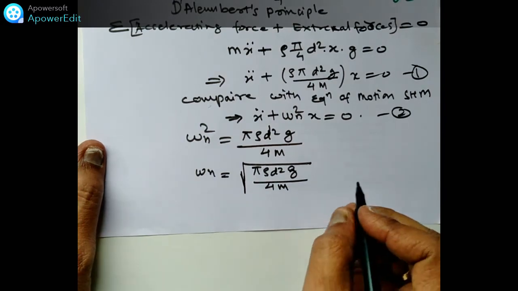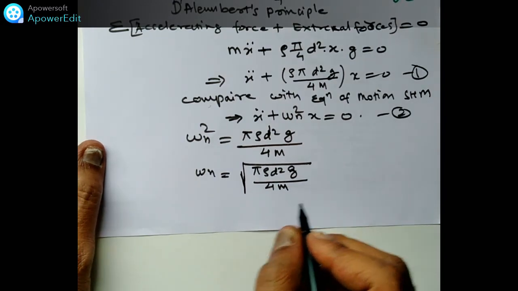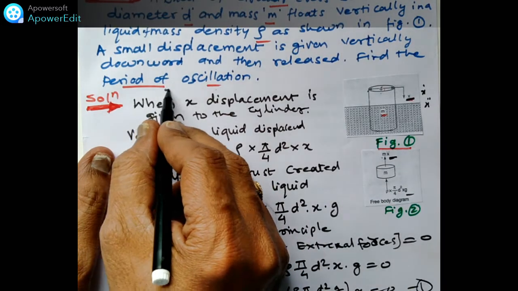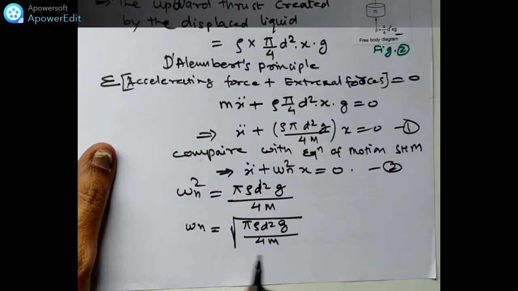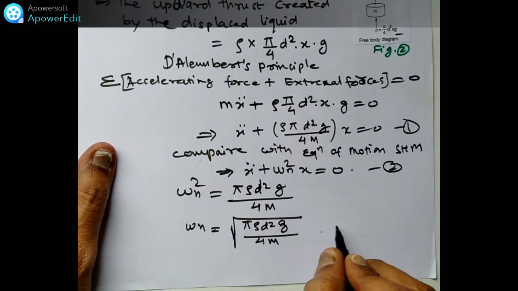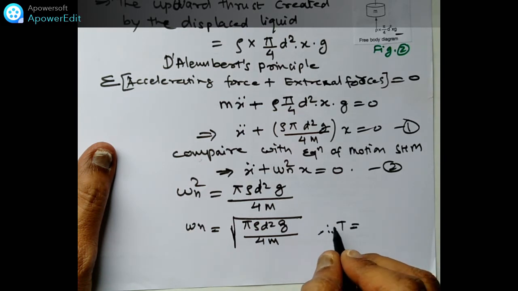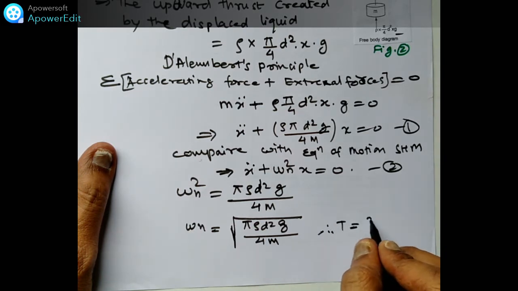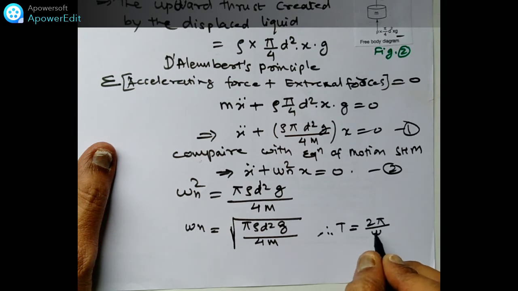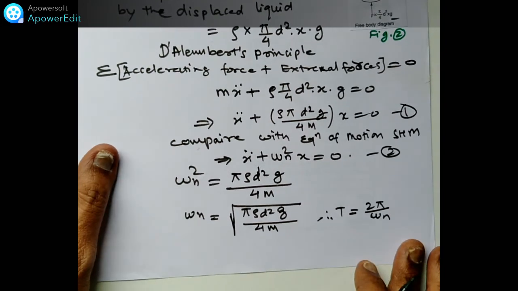We have to find the period of oscillation. The formula for the period of oscillation is T equals 2 pi by omega n, where omega n is the natural frequency.